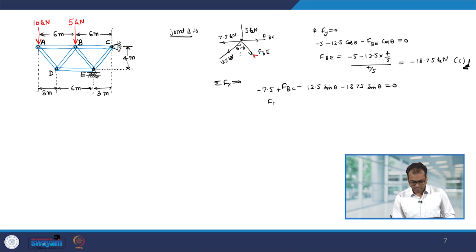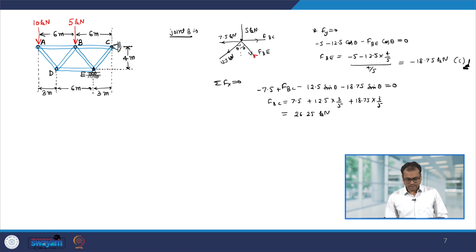So, from here FBC comes out to be 7.5 plus 12.5 into 3 divided by 5 plus 18.75 into 3 divided by 5, and this is 26.25 kilonewton, and you can see that this is a tensile force.